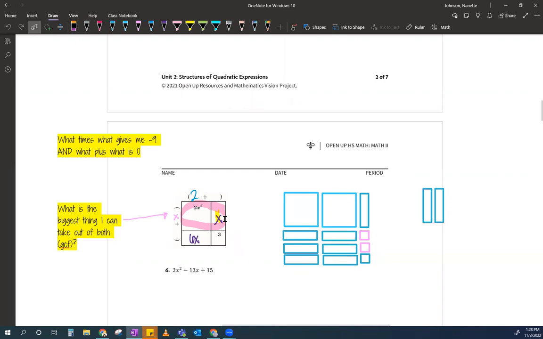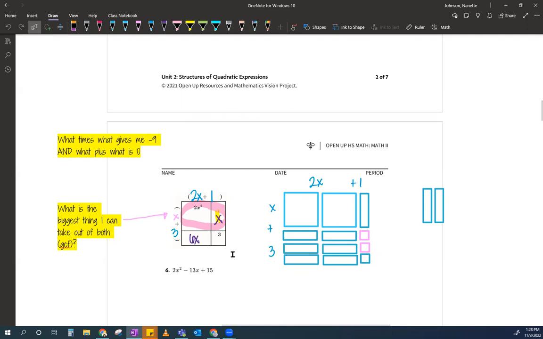Yeah, you guys are all fast forwarding now. You guys are like, Ms. Johnson, we get it. X plus 1. Exactly. Then what would go down here? 2 times what gives me 6X? 3. Okay. And if you notice, that's exactly what we got over here. This is 2X plus 1. This is X plus 3. Ms. Johnson, it's the same thing that we used to do before. Exactly. The only thing that's different here is that we have 2 X's.